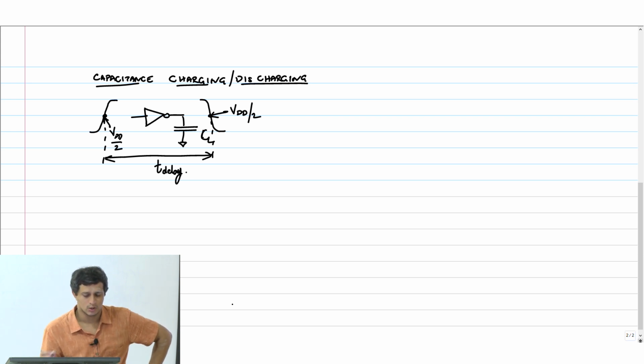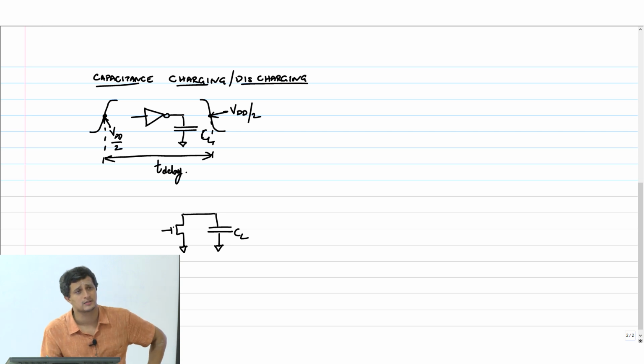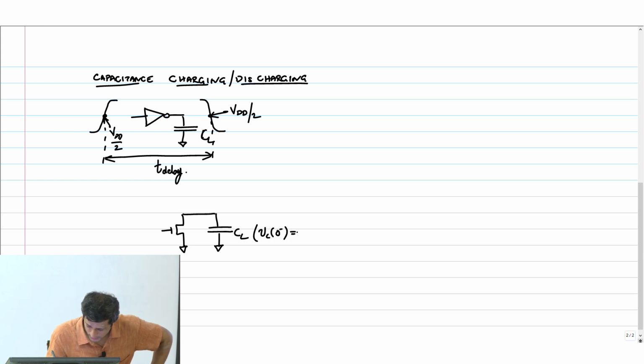Okay, so the simplified picture is we have a capacitor CL and an NMOS is going to discharge it. We will see why an NMOS cannot charge the capacitor or a PMOS cannot discharge a capacitor. We will look at it later. But for now let's just look at this picture. The capacitor is charged, Vc of 0 minus equals VDD.